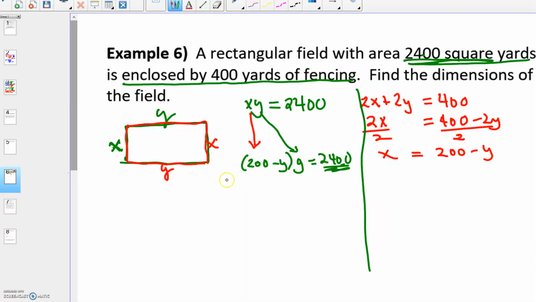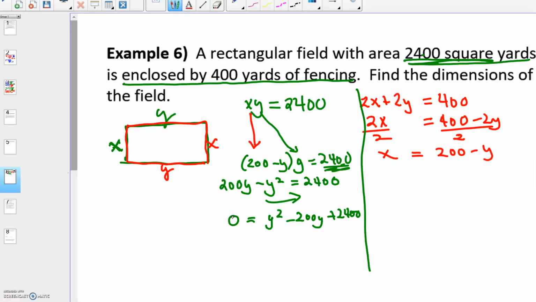So I'm going to distribute, so it's 200y minus y squared is 2400. I'm going to change it to standard form, so I'll move everything this direction: y squared minus 200y plus 2400 is equal to 0.